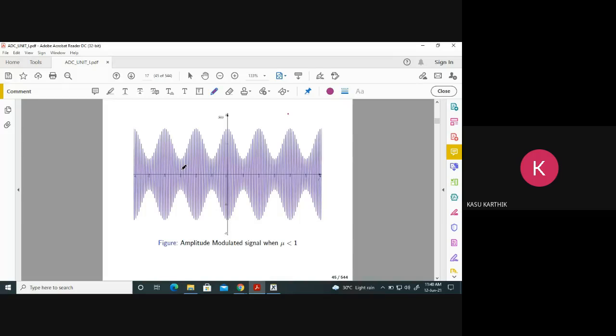I am taking the positive side. This is the maximum amplitude, typically 3 Ac by 2. This is the minimum amplitude, that is Ac by 2.